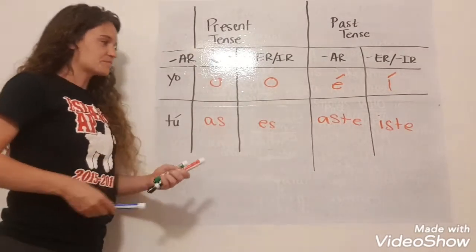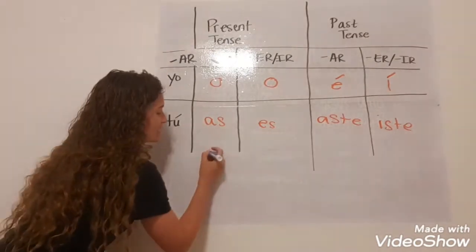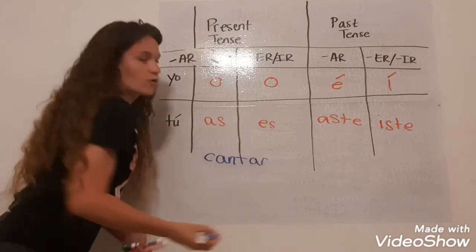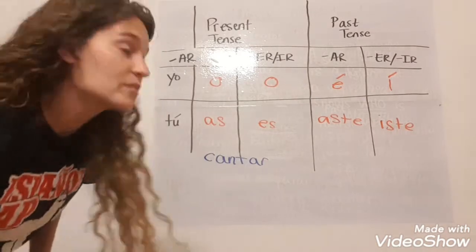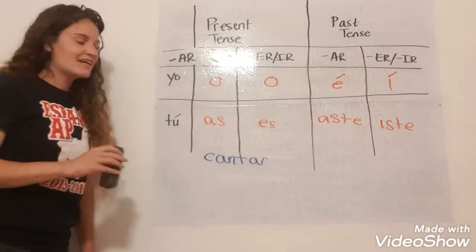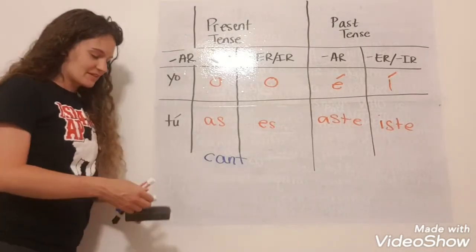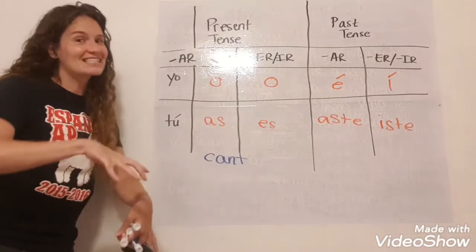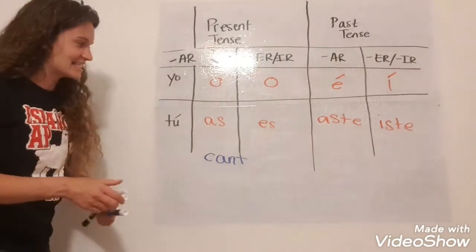Now, how does this work? Let me explain. So we're going to start with an AR verb. Cantar. Remember, cantar means to sing. Now, step one, I take off my AR ending. So I just have the stem of the word, which is everything except for that AR ending, C-A-N-T in this case.